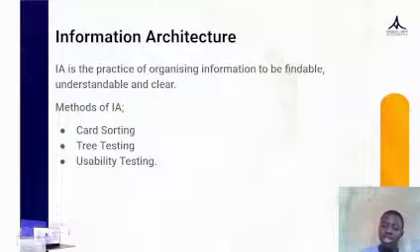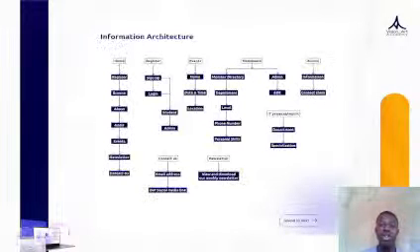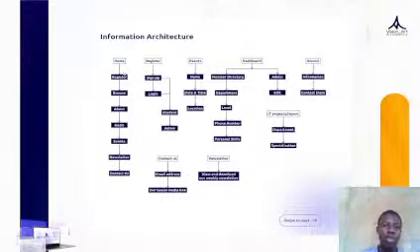So this is an example of what an information architecture looks like. Here we have the home. Under the home we have register. This is a website. So we have register, browse, about, goals, events, newsletters, and contacts. You can see all of this. There are also some sections under the home page.